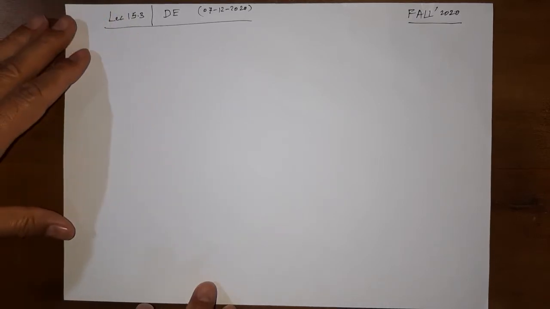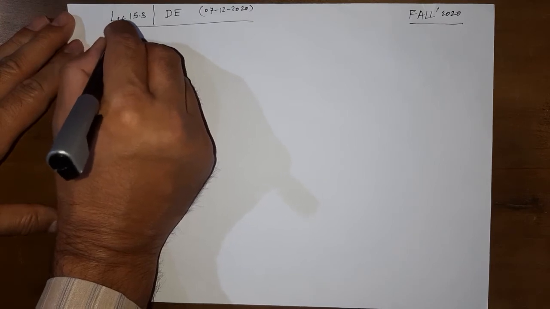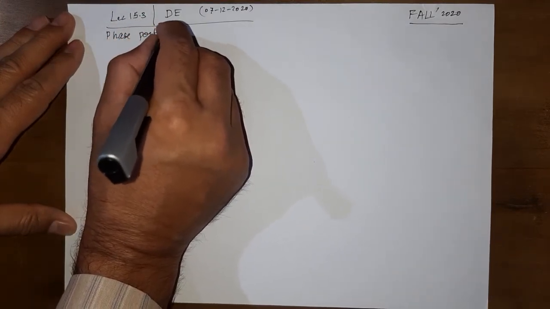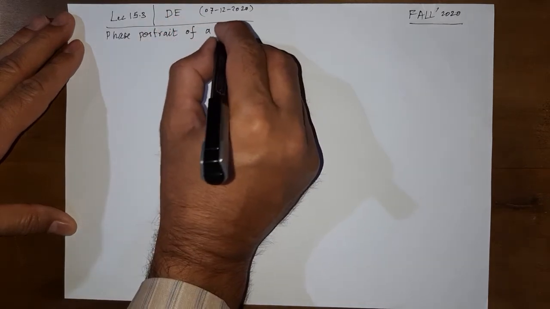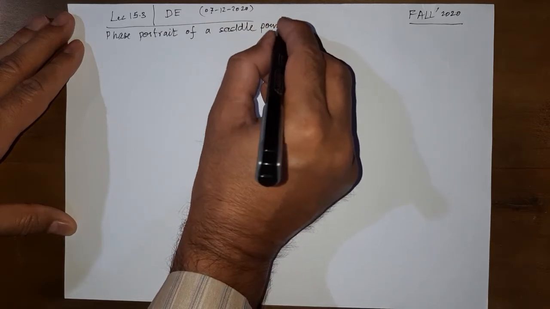Let us look at a phase portrait of a saddle point. So when do we get a saddle point as the fixed point?